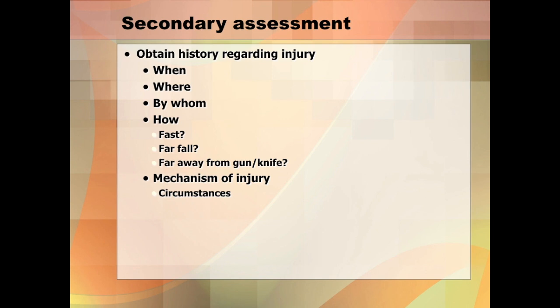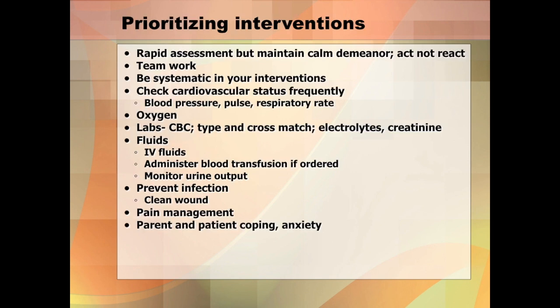So it's probably a neural problem or it could be a metabolic problem. So this is why it's important to get these questions answered. When you're prioritizing your interventions, you want to do a rapid assessment.